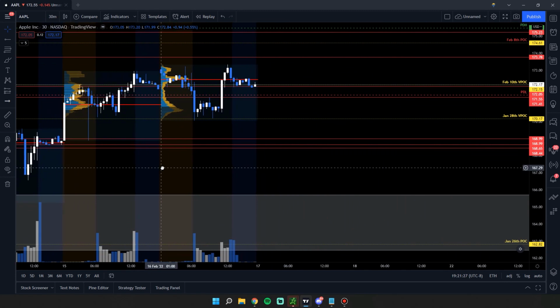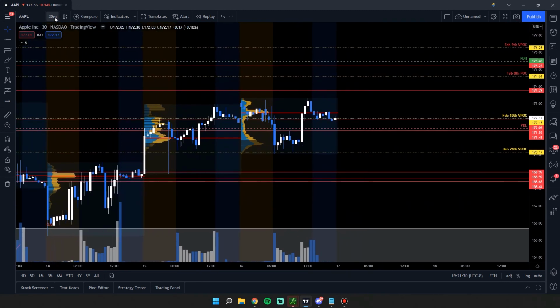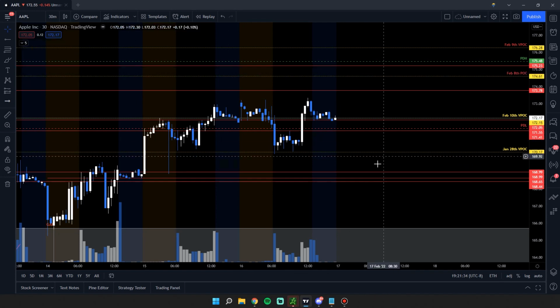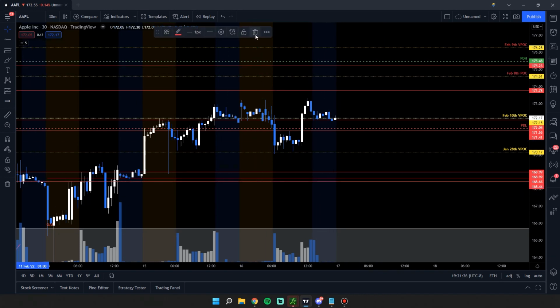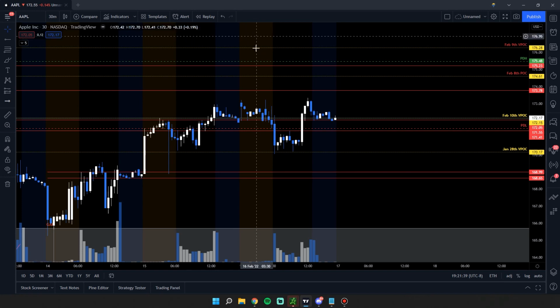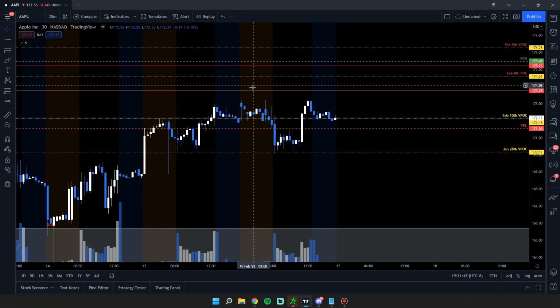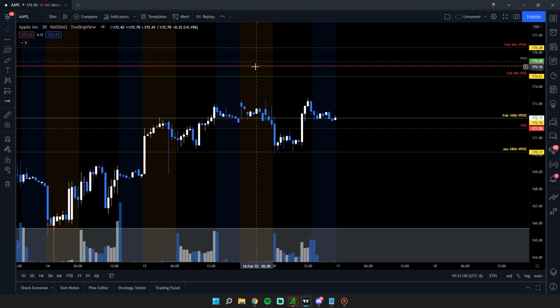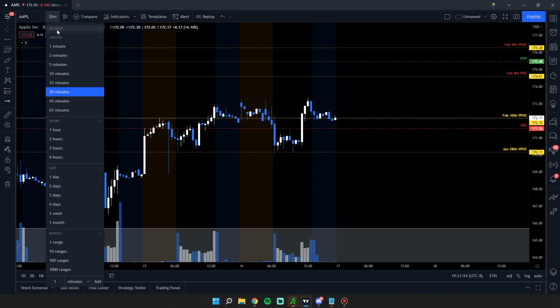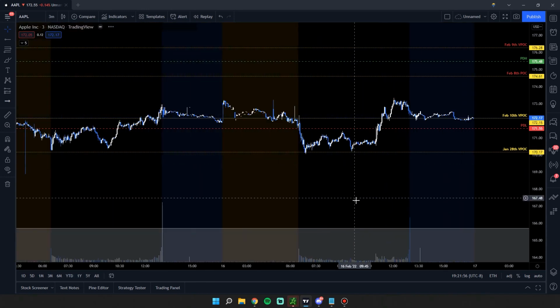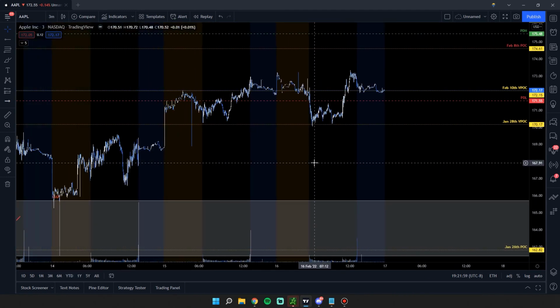Yeah. So when I'm trading, this is my chart. I'll show you guys really quick. I got to remove all these red lines I drew. So when I trade, this is what I'm looking at generally.